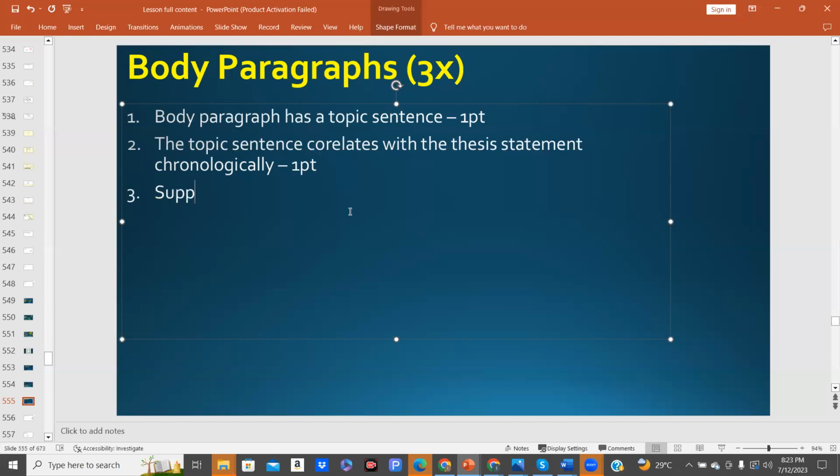So supporting details could be, we talked about it, quotes, comparisons, explanations, evidence, the way you develop your essay. So supporting details, you need to have at least three.